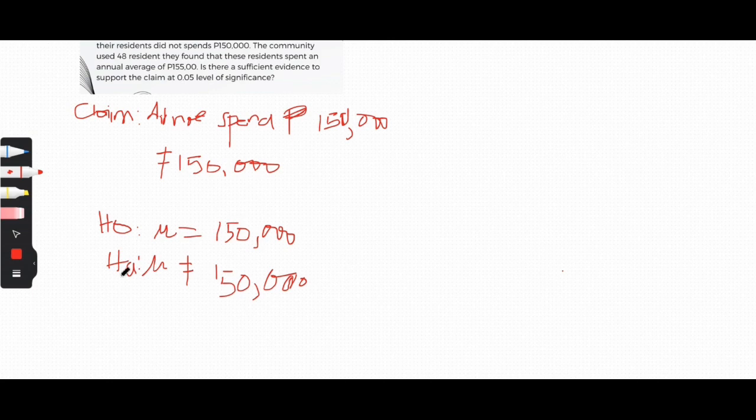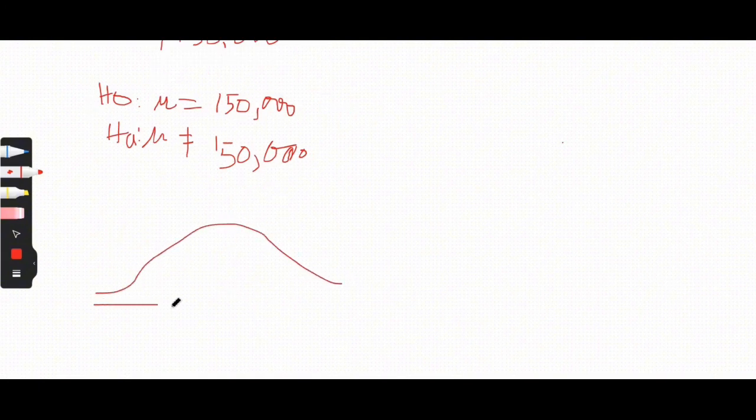And the alternative hypothesis is not equal, that means we're going to use a two-tailed test here. Here we have the left-tailed, right-tailed, and the mean. First we're going to identify our critical value, the z-value, but before that, we identify our givens.